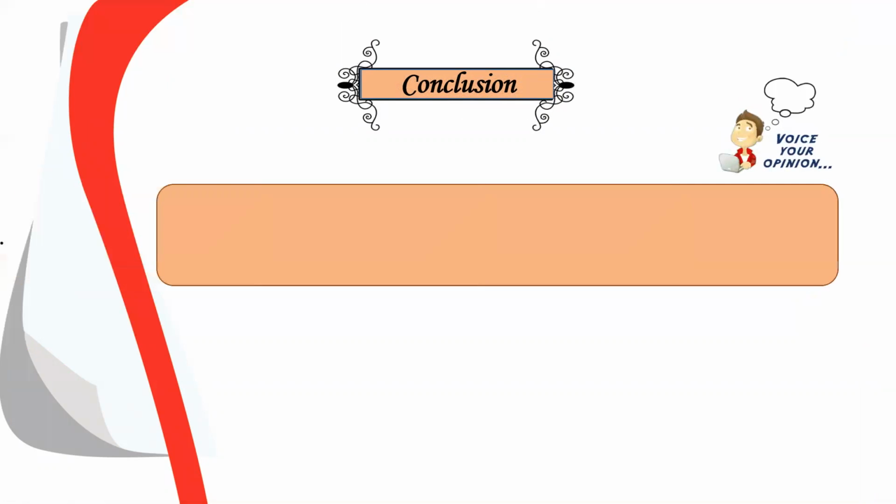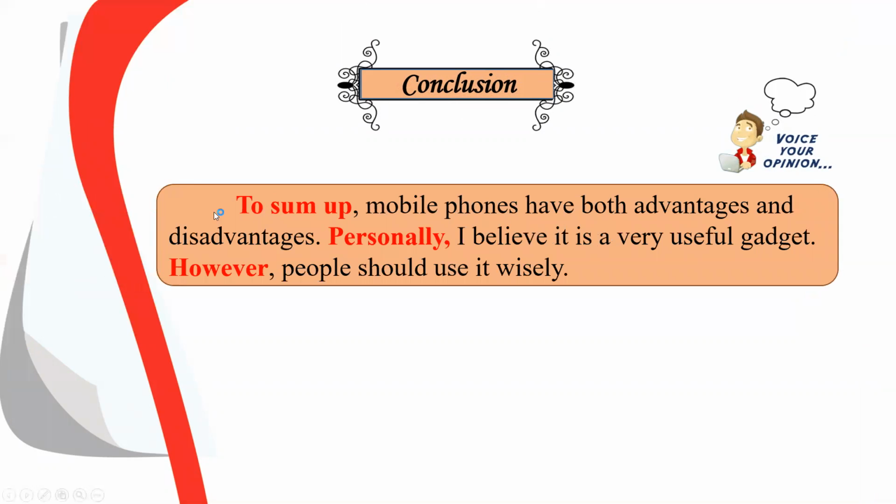Now comes the conclusion. Let's read. We indent the paragraph. To sum up, you see here, we're using to sum up to make a general statement. Mobile phones have both advantages and disadvantages.